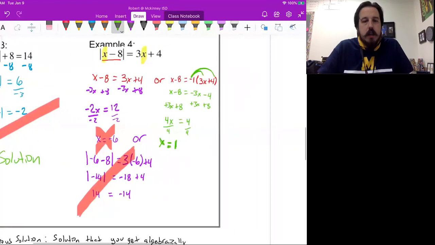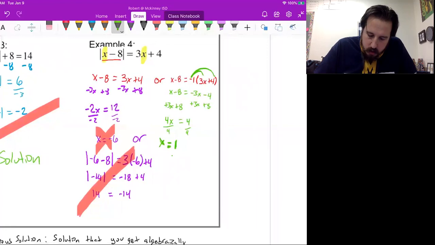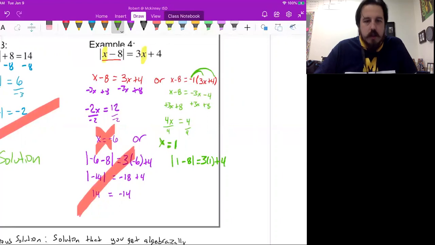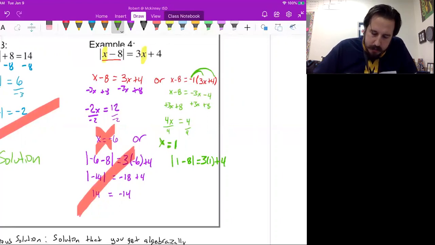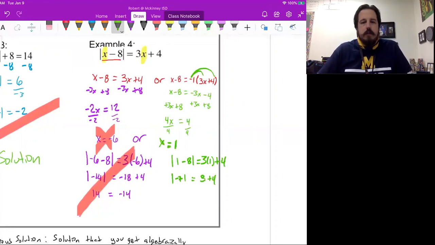When I try the other one of x equals 1, I've got the absolute value of 1 minus 8 equals 3 times 1 plus 4. 1 minus 8 is -7, so the absolute value of -7 equals 3 times 1 is 3 plus 4.